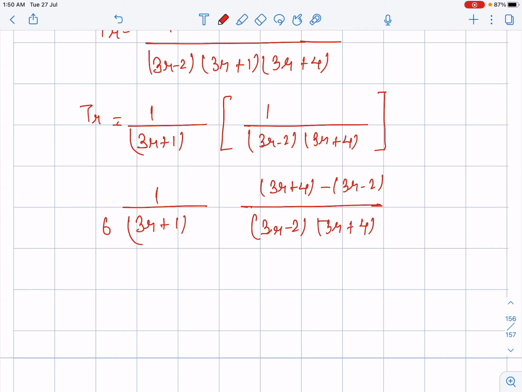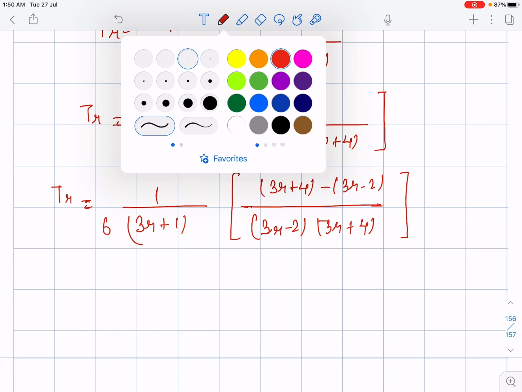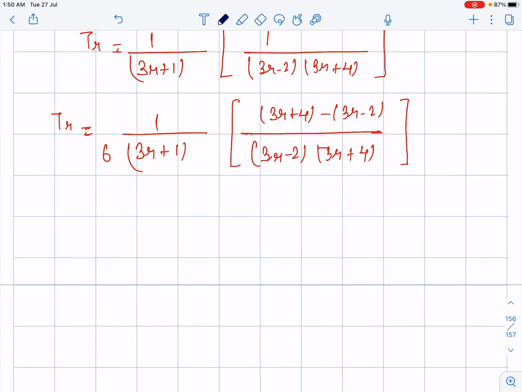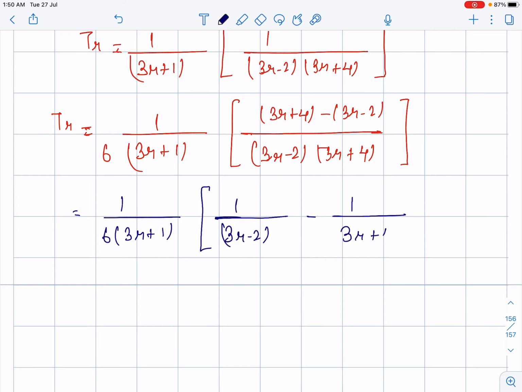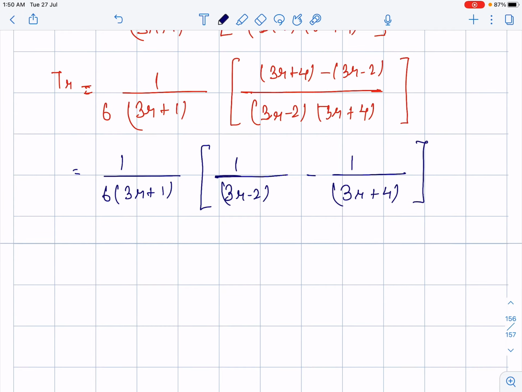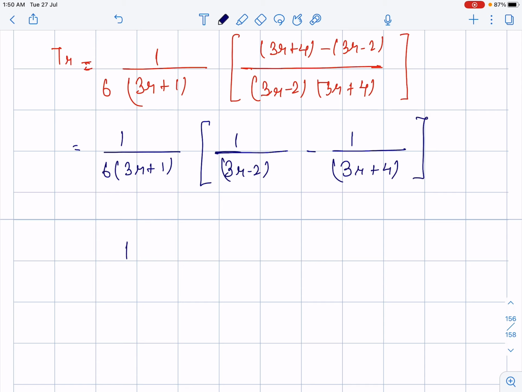Now guys, till now we didn't change anything. You could see everything is as it is; I have just multiplied and divided by 6. Now we'll bring it in the form of the method of difference. 6 times 3r plus 1 multiplied by 1 upon 3r minus 2 minus 1 upon 3r plus 4 will be generated here. We multiply both the things, so the first thing becomes 1 upon 6 multiplied by 3r minus 2 multiplied by 3r plus 1.